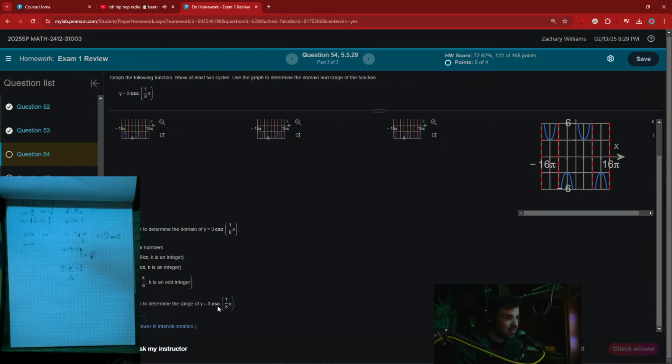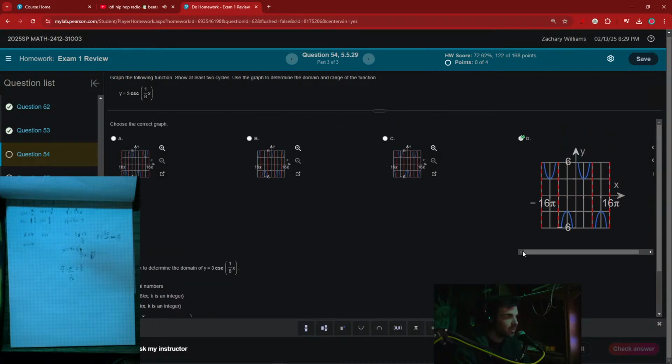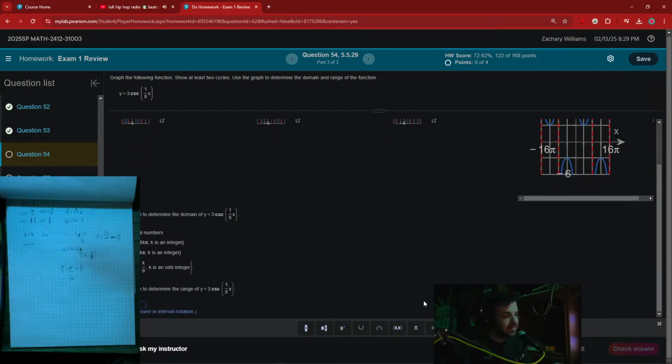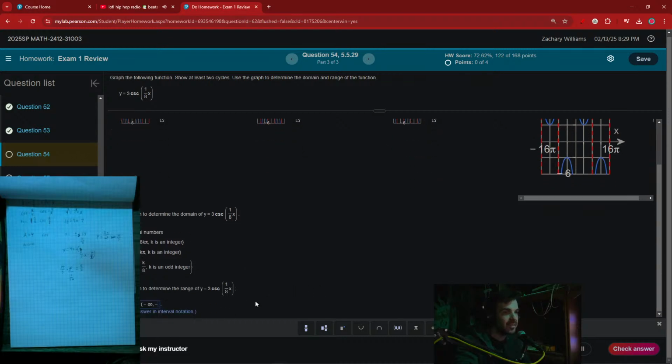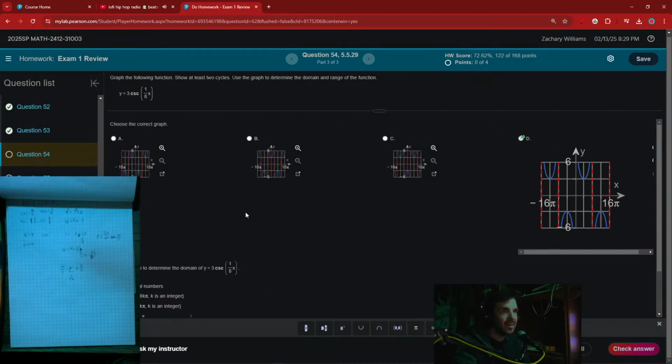Use the graph to determine the range of y equals 3 csc. Okay, the range is negative infinity to 8. Sorry, negative infinity to negative 3. Wait a minute. Oh, okay.